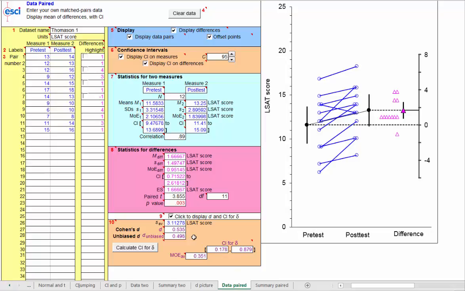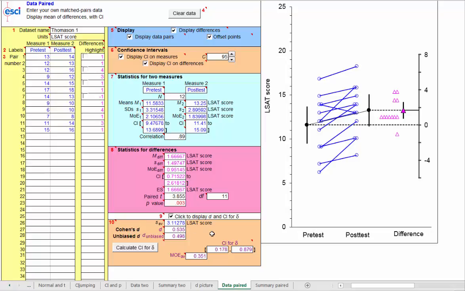So we can say our best point estimate is close enough to 0.5, with a confidence interval from 0.18 to 0.88. If you're interested in p-values, we can look at how this confidence interval compares with 0, a long way away, a very small p-value, and there it is, 0.003. Do we need a separate p-value for Cohen's d?